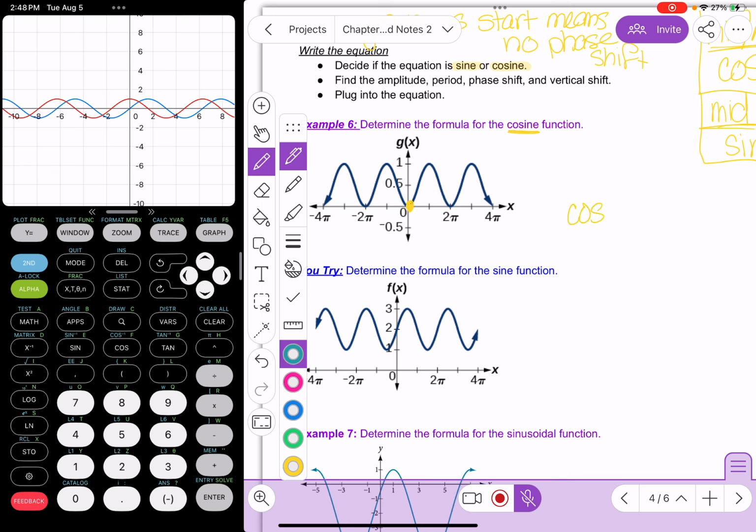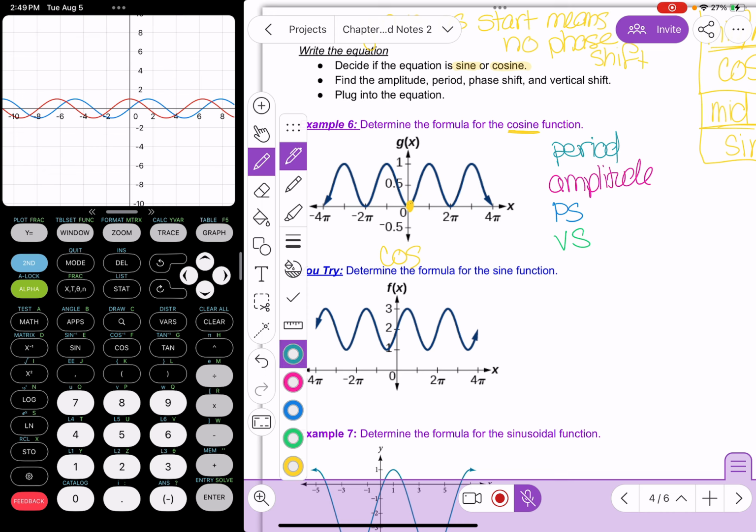Now we're going to find all the things, and then we'll write the equation underneath. So for cosine, all of the things are period, amplitude, phase shift, vertical shift. Our period is how often it repeats.